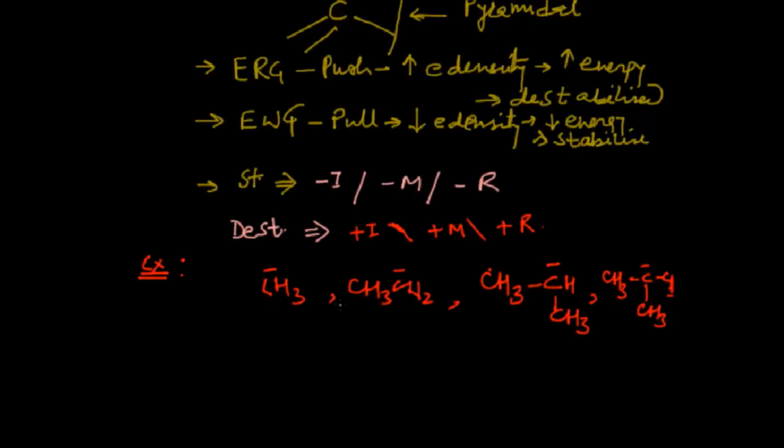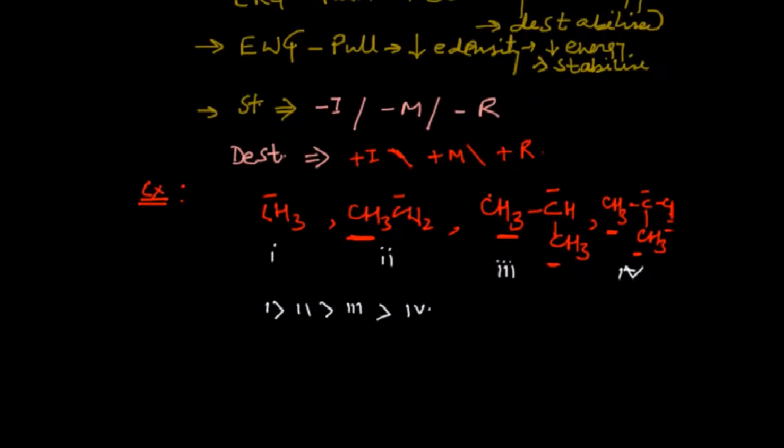If we compare these, here it is one methyl group, here two methyl groups, and in this case three methyl groups. These methyl groups are plus I groups, therefore the stability decreases. Numbering them 1, 2, 3, 4, the order would be 1 is more stable, then 2, then 3, then 4.